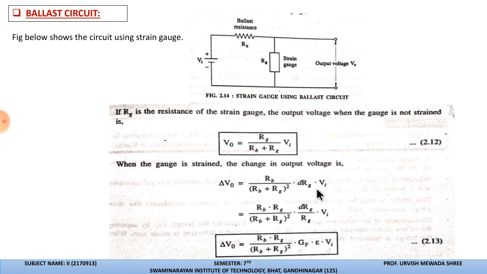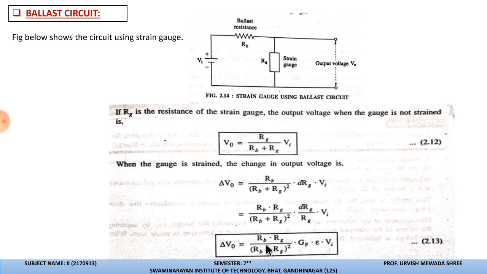By solving this we get delta V0 equal to Rb into Rg divided by (Rb plus Rg) square, and this dRg by Rg will become the gauge factor times the strain applied, that is gauge factor into epsilon into Vi.